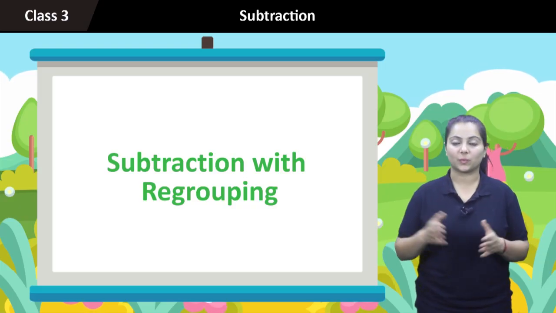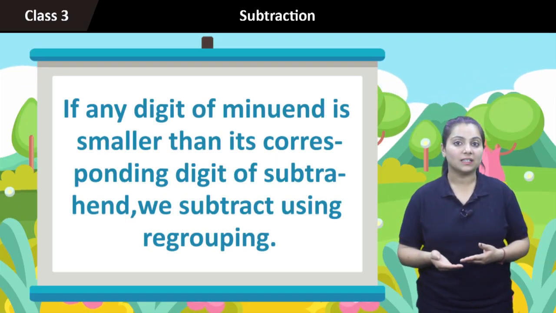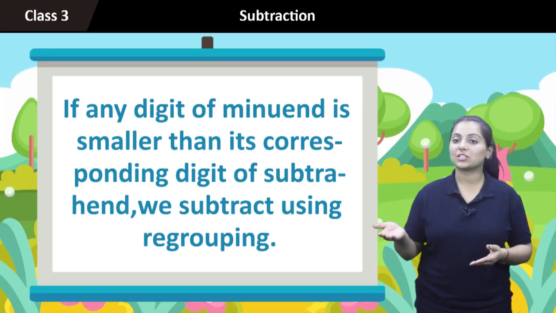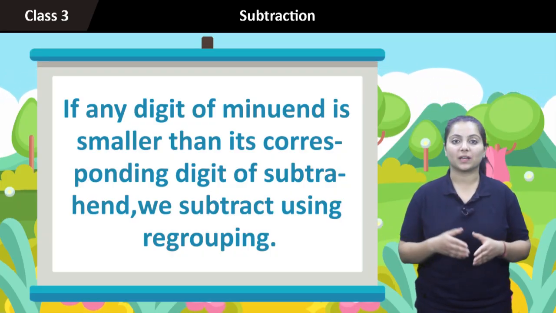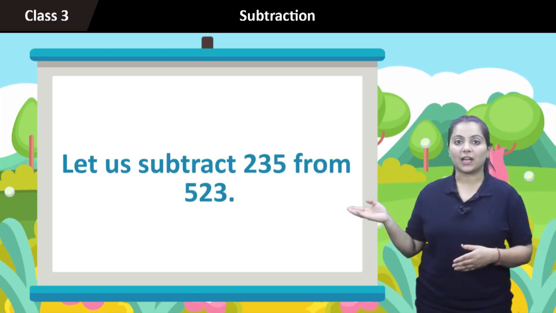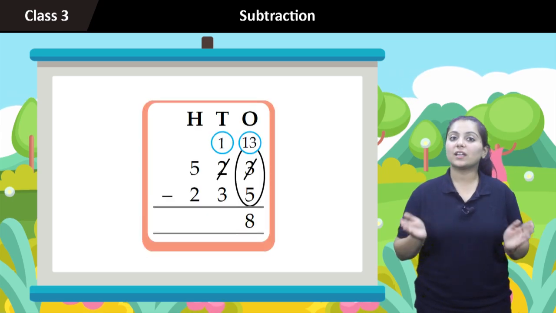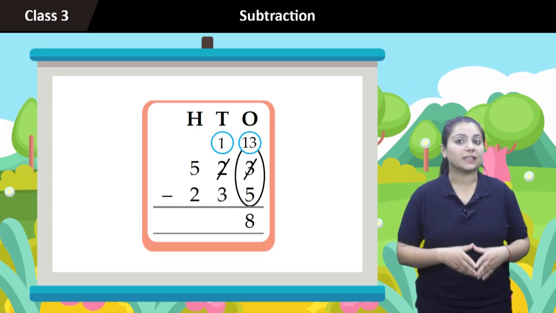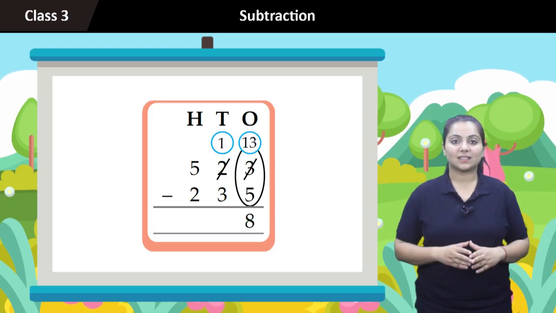Subtraction with regrouping. If any digit of the minuend is smaller than its corresponding digit of the subtrahend, we subtract using regrouping. Let us subtract 235 from 523. Arrange the numbers in the columns and then follow these steps. Subtract the ones.